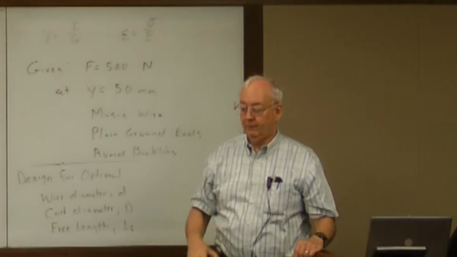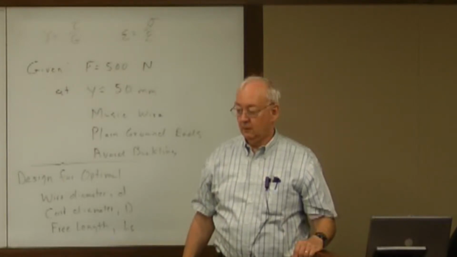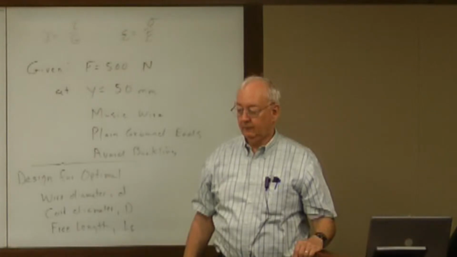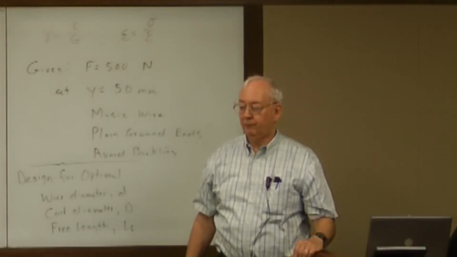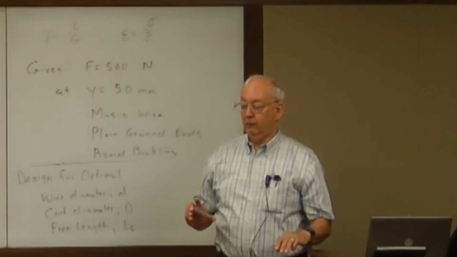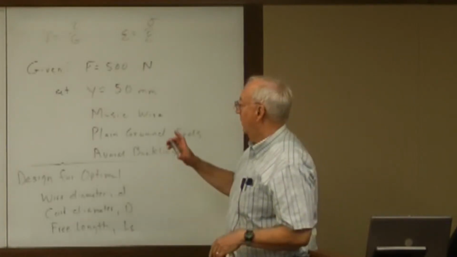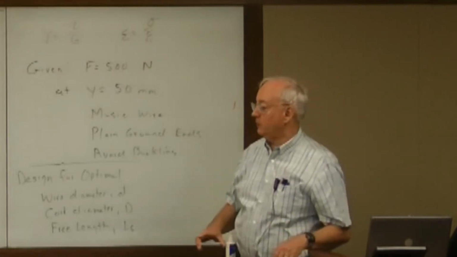Okay, so N is the number of coils, right? Okay, so you didn't say anything about that in the given. But if you had more coils, wouldn't that make a difference in what your diameters could be? More coils gives you more deflection for the same force, so it helps the deflection.